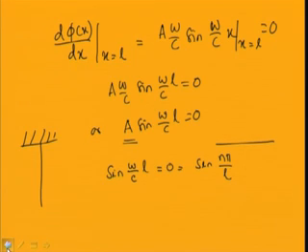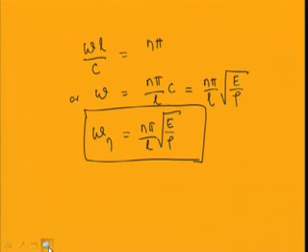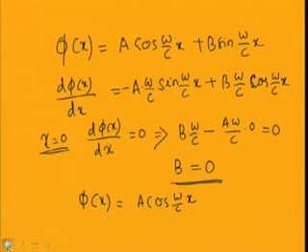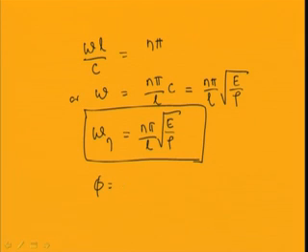So the eigenfunction will become phi(x) equal to a cos(omega by c x), as a is not equal to 0, and for omega I can substitute this value equal to n pi by L into root over E by rho.